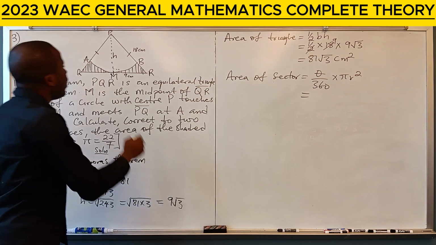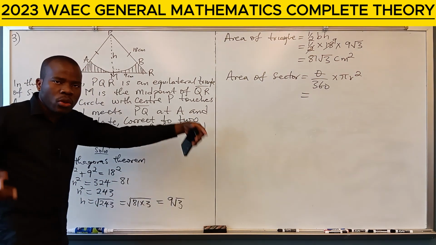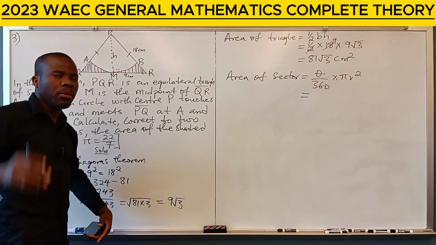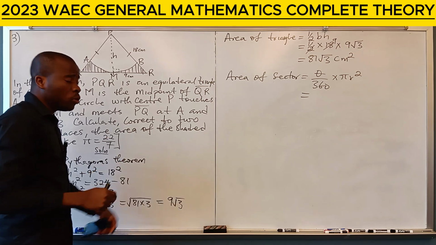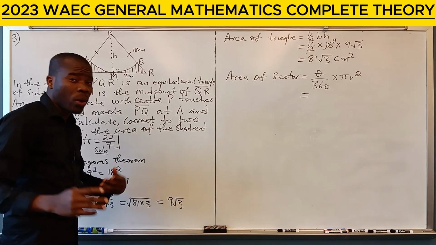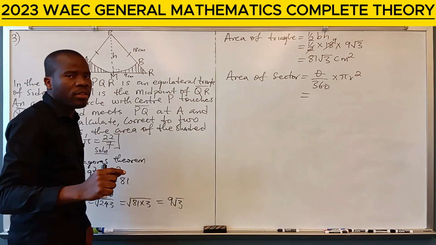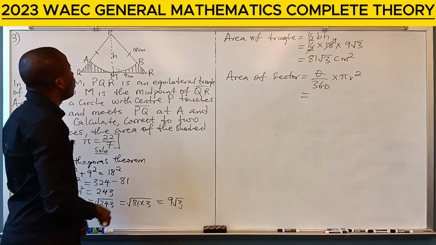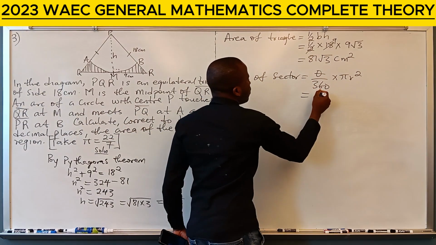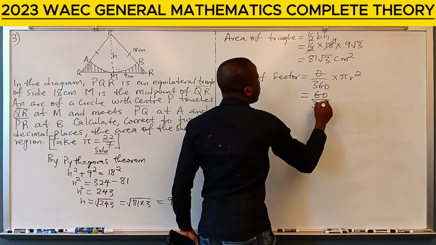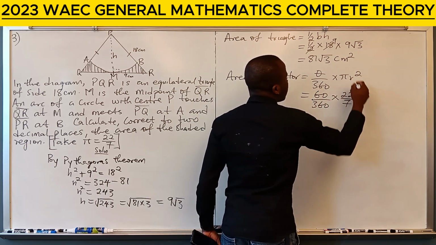Theta. In an equilateral triangle, just the way all the sides are equal, it implies all the angles are equal. And if all the angles are equal, you know that the sum of angles in a triangle is 180. And for the three angles to be equal, it means each of the angles has to be 60 degrees. So theta is 60 over 360 times 22 over 7 times radius.